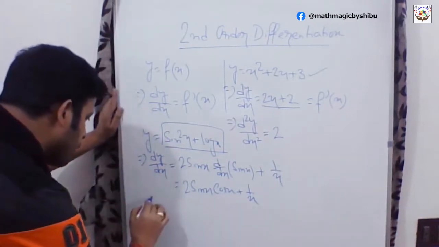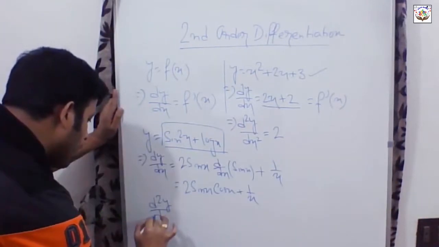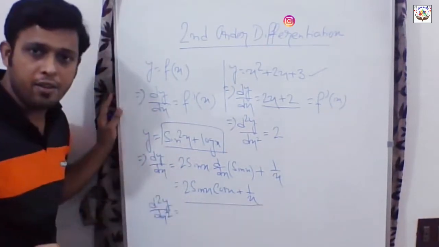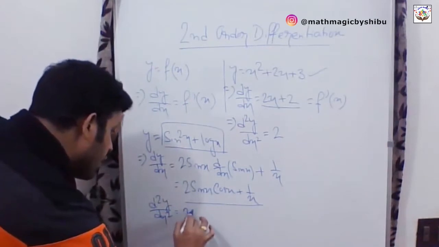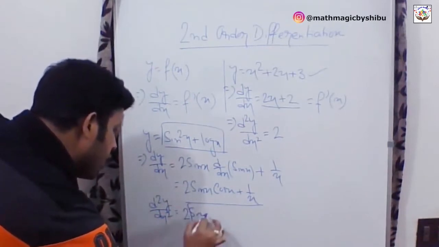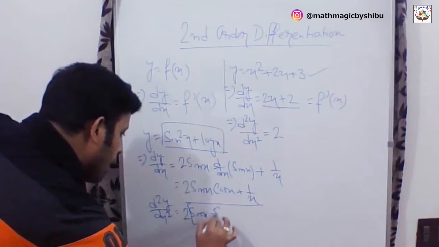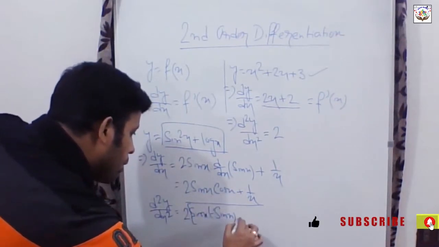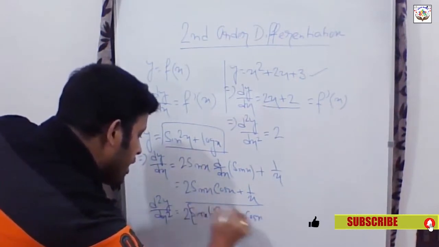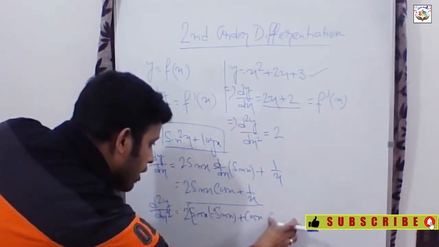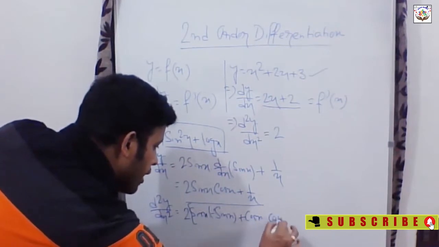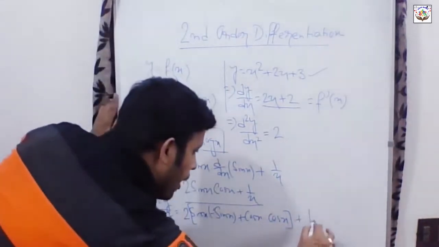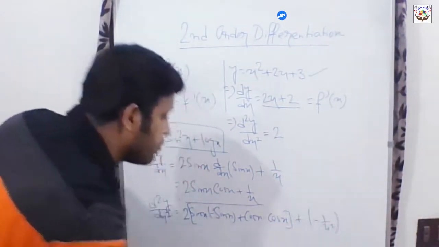So for d2y by dx square, we need to differentiate this one again. 2 is constant, sin x constant, derivative of cos x is minus sin x, and plus cos x constant, derivative of sin x will be cos x, and derivative of 1 by x would be minus 1 by x square.